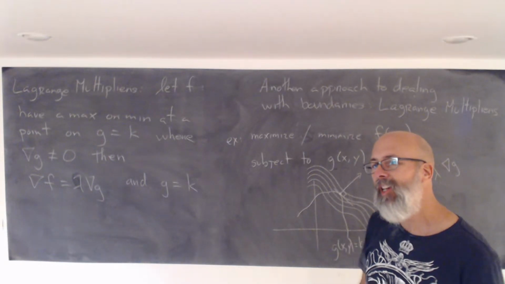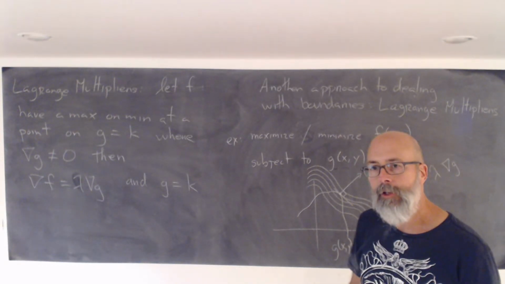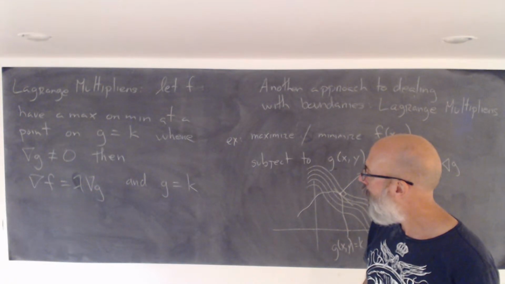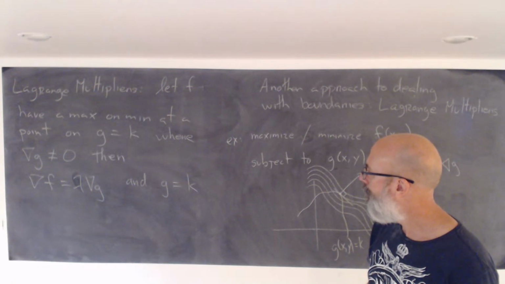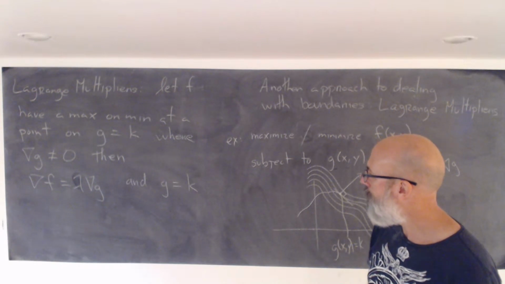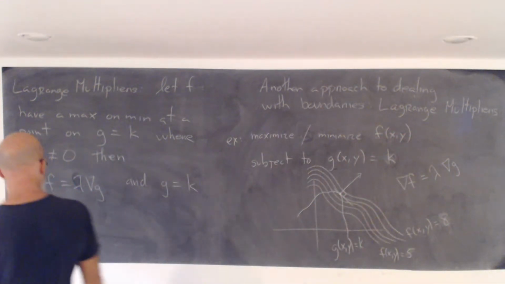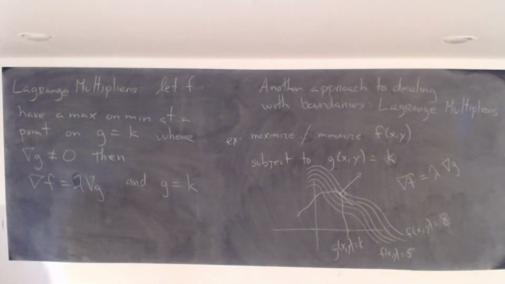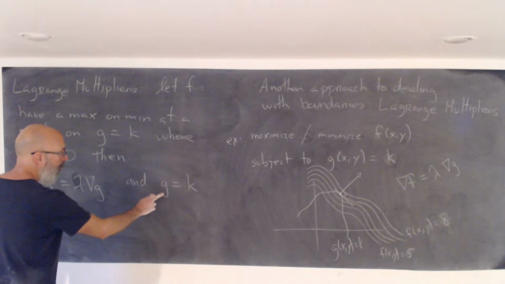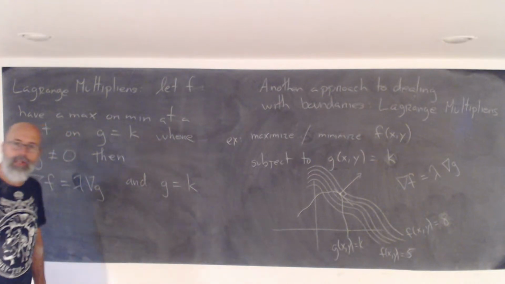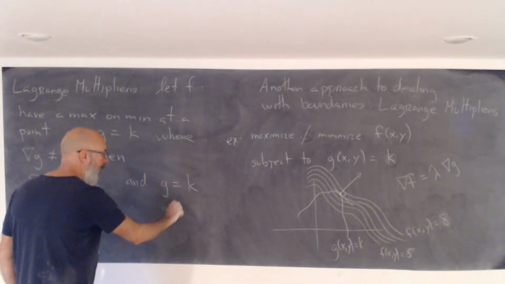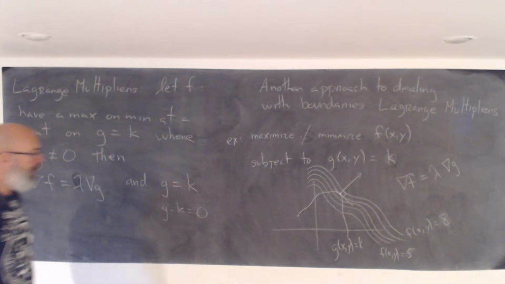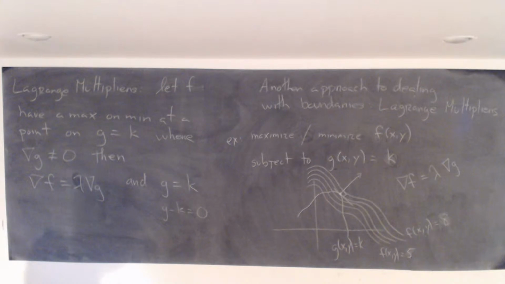Most books have a different version of that, so let me discuss it, in case you're looking at another book. Most books will require k to be 0 here, meaning that you're bringing everything to the left-hand side.